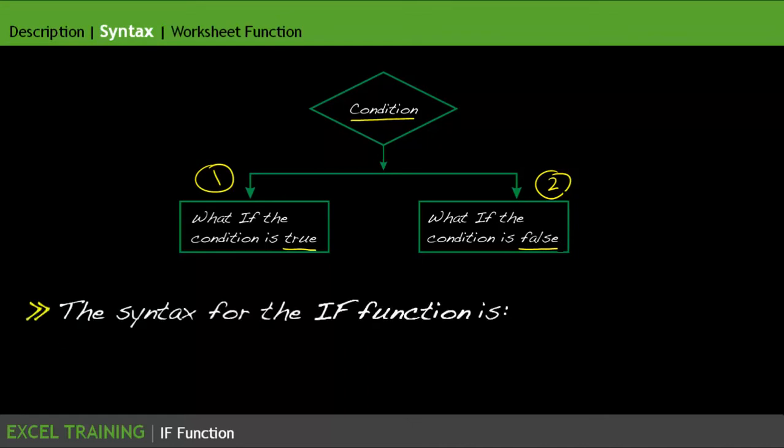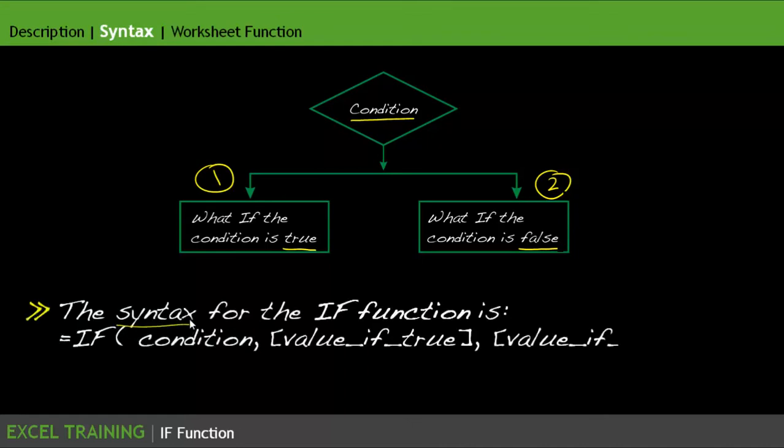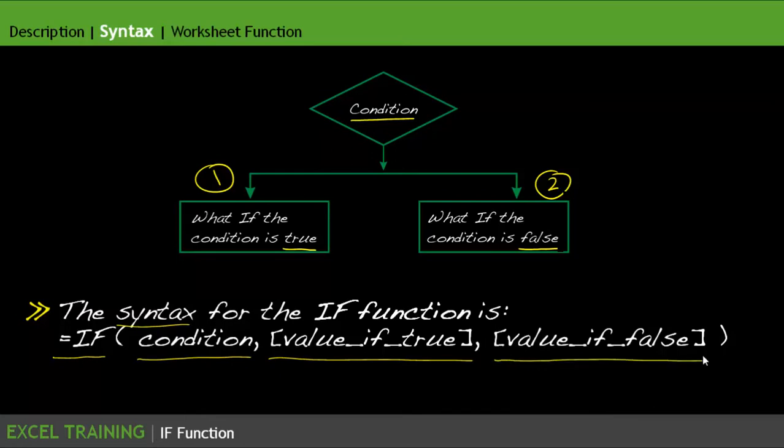Looking at the syntax of the IF function, we write it as equals IF. In IF, the first thing we give is the condition. We put a comma and say what should happen if the value is true. We put a comma, and the third thing we give is what should happen if the value is false.